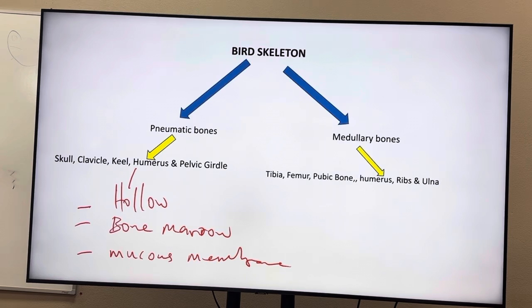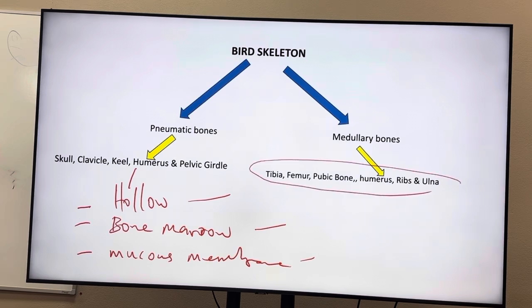The medullary bone is the opposite of what we have in the pneumatic bones. We have no hollow space, and it is filled with bone marrow. Of course, they are also lined by mucous membrane.